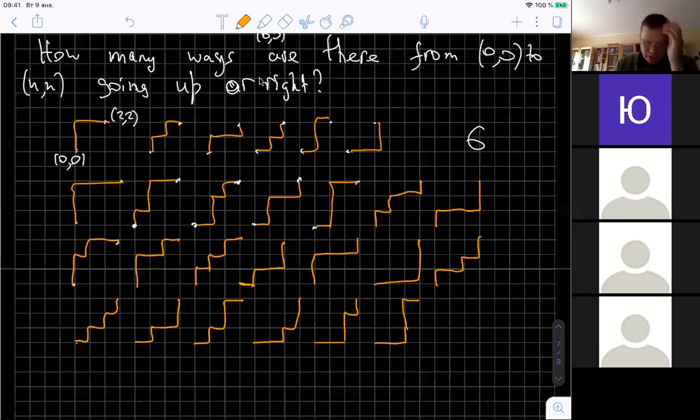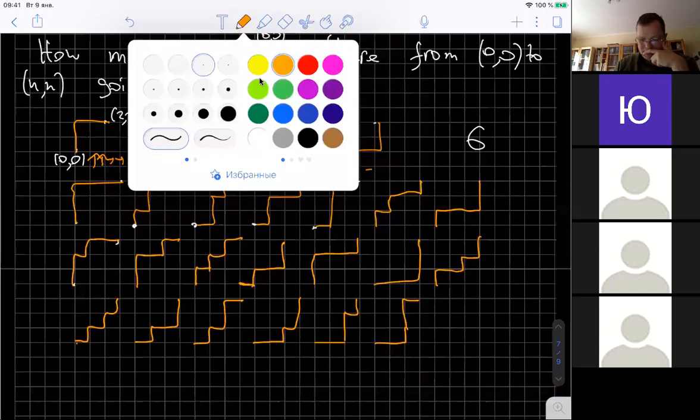For example, here we have up and right, here up right, here up right up, and so on. So what is the binomial coefficient corresponding to these possible choices of ups and rights? Can somebody answer this?